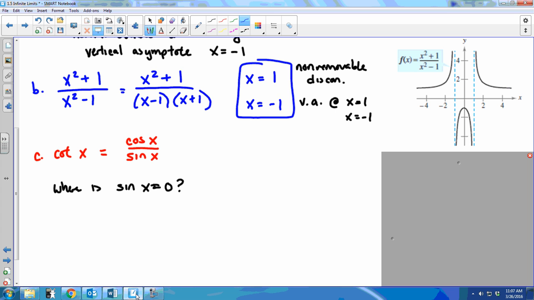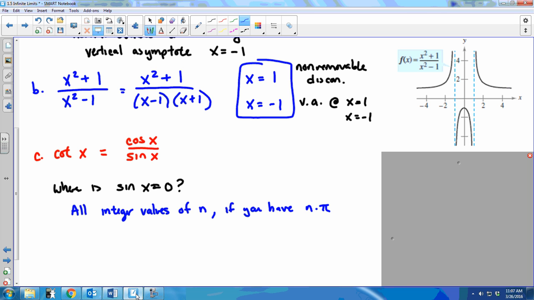So where is sine x equal to 0? At all integer values of n, if you have n times pi, right?